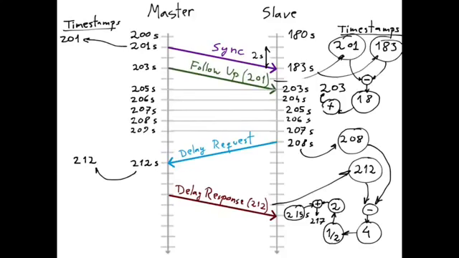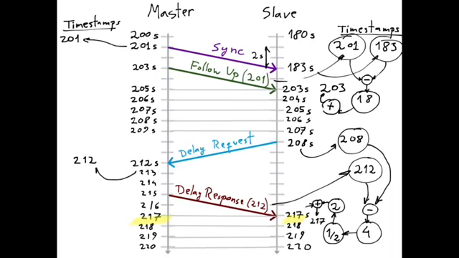This value then is the final corrected value for the clock of the slave. And now the slave is perfectly synchronized with the master. And they will remain so until their clocks happen to drift apart, which will inevitably occur and is therefore the reason why PTP performs periodic resynchronizations.